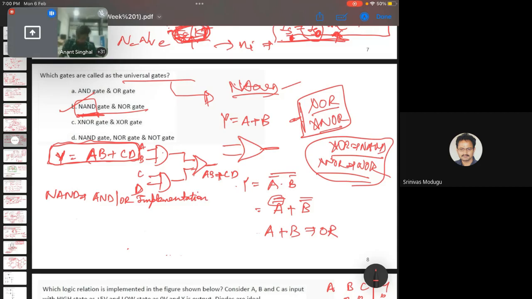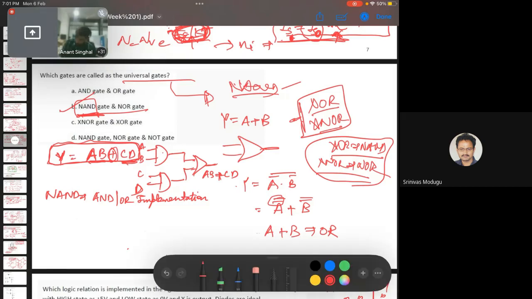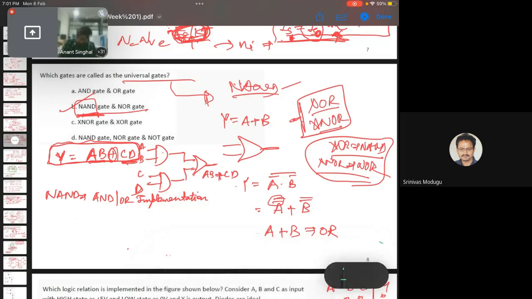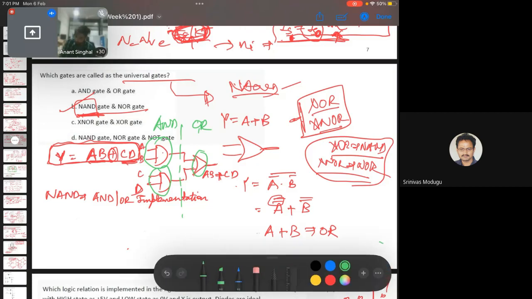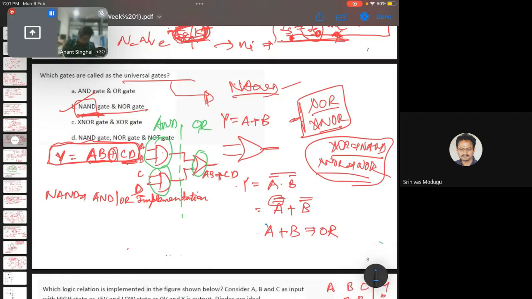In this circuit you can see there is AND first and then OR. So this is the AND stage, and this is the OR. There are two phases in this circuit. Once we get this AND-OR implementation, it is quite easy to do it using NAND gates.